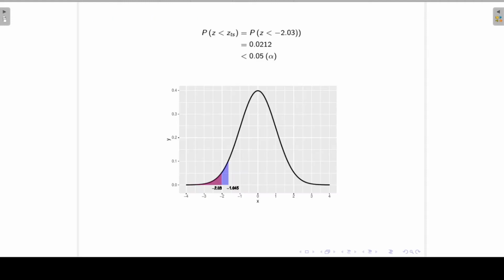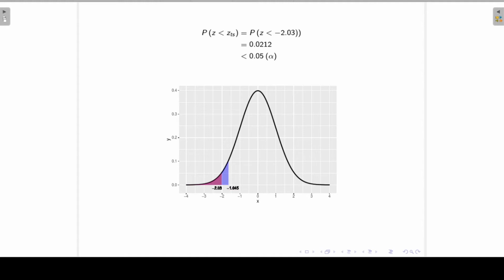Here I also have it on the slide. It's just the same thing. The area to the left of my critical value, minus 1.645, the blue area, is 0.05. And the area to the left of my test statistic, negative 2.03, is 0.0212. That's less than 0.05.